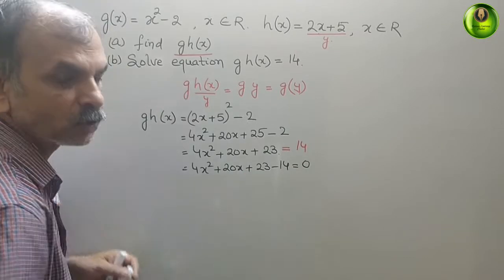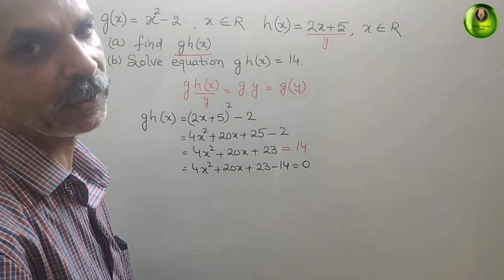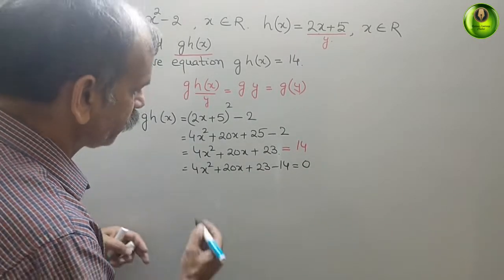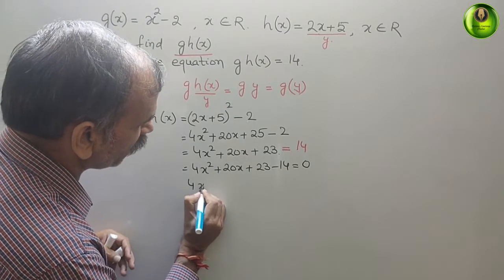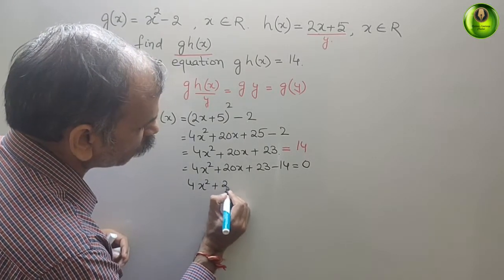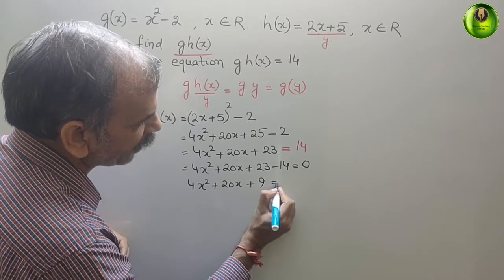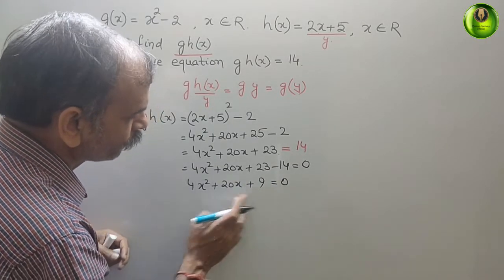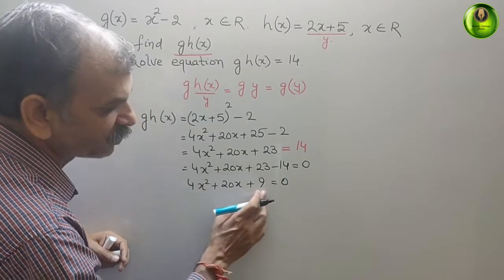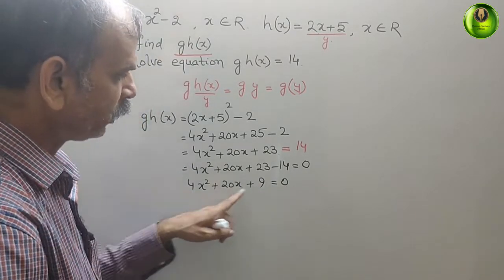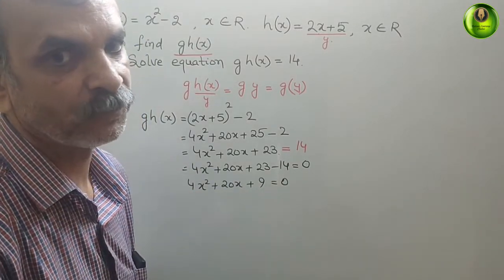So 23 minus 40 is minus 17. So you will get 4x squared plus 20x plus 9, that gives you 0. So 4 into 9 is 36.